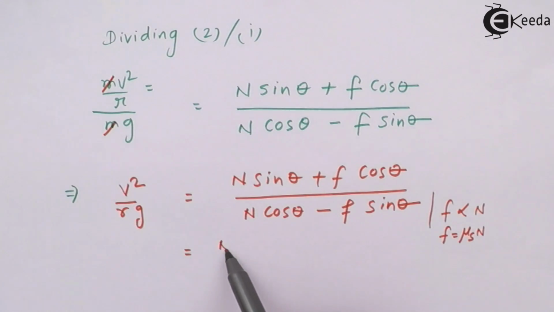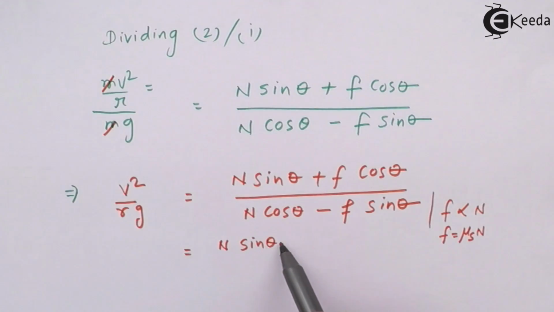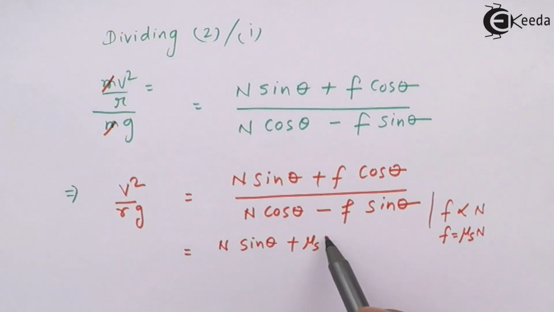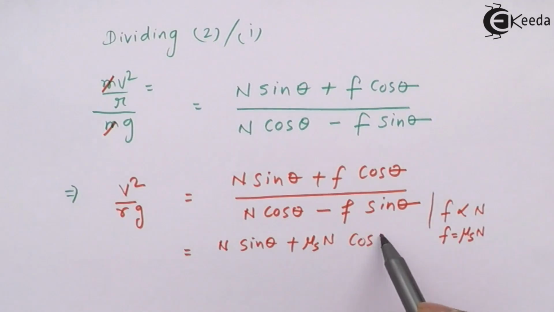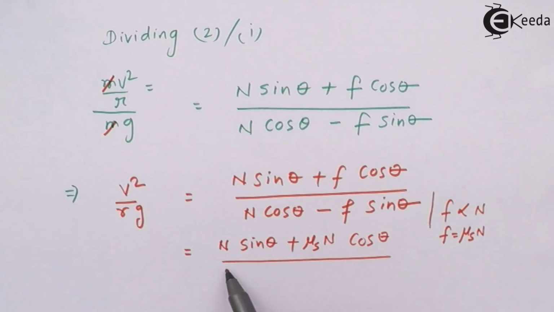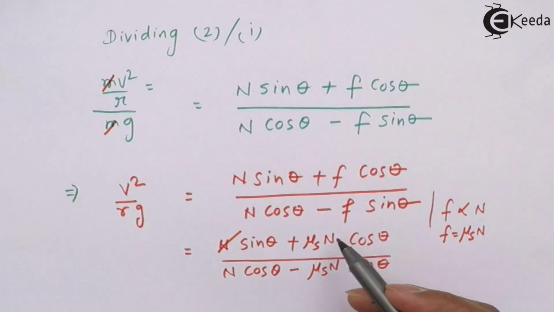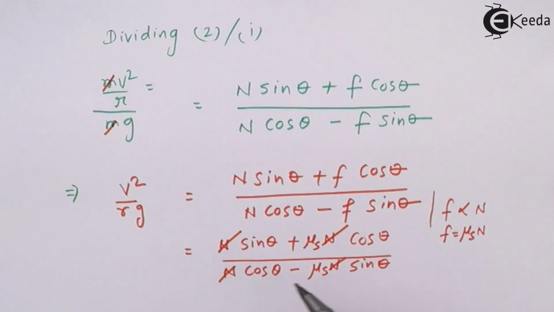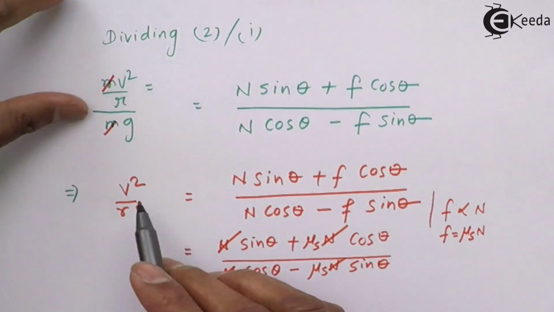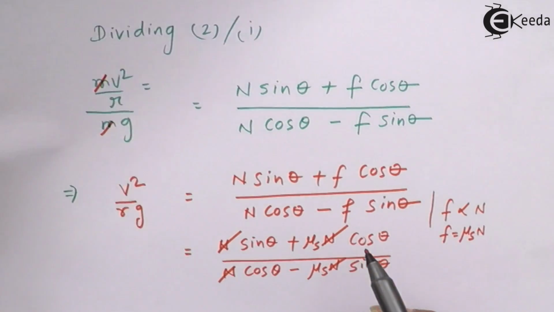I'll write then n sin theta plus mu s into n cos theta over n cos theta minus mu s n sin theta. Here n is common in the numerator and denominator, and they will cancel out, and we are left with v square upon rg equals to this part.